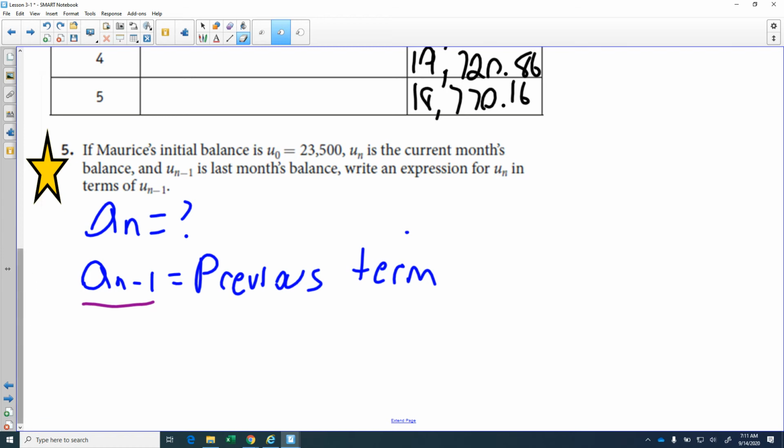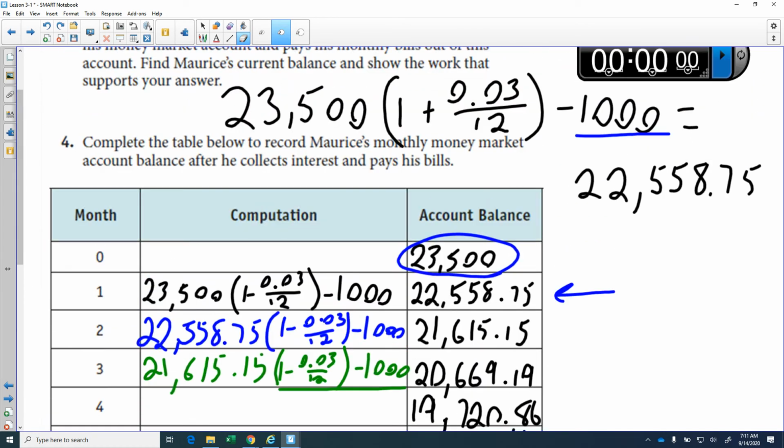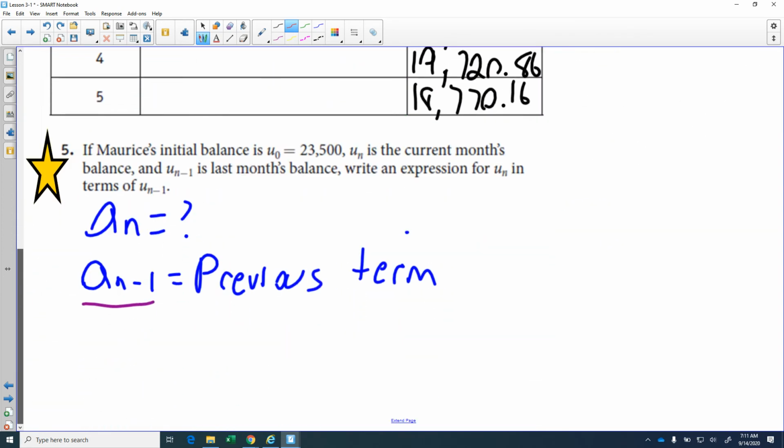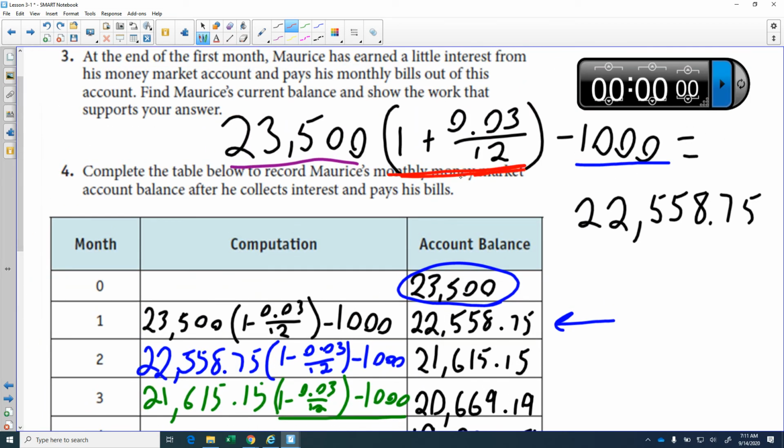Well, all it really comes down to is simplifying this equation up here. If you really think about it, we took the term in front of us, which is the principal, times the interest rate minus 100. So if I really want to come up with an equation, I need to solve it out like this. A of N is going to be the interest rate, 0.0025, which is just this value here simplified.